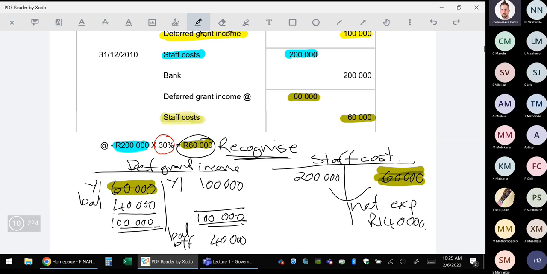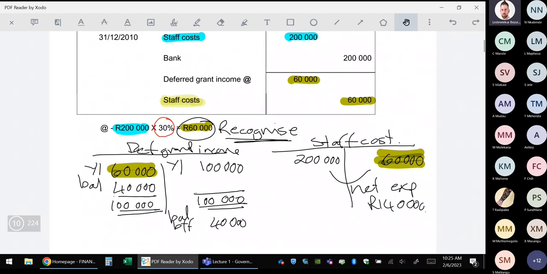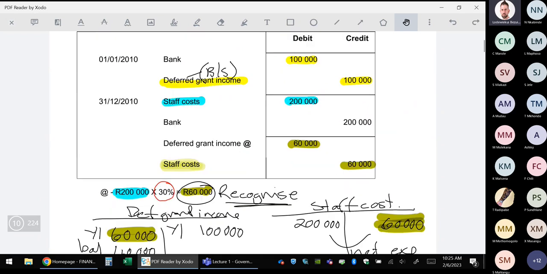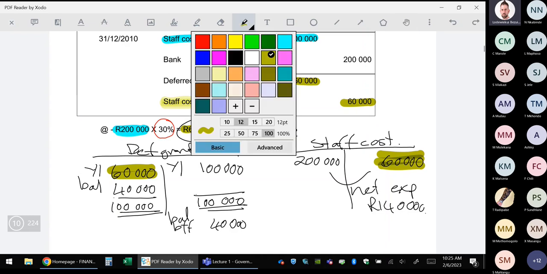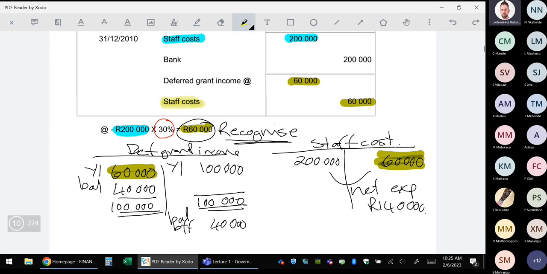Okay, so you can see that we received a grant of 100,000. We used 60 of it in the current year. So the balance left on the deferred grant income for the next year is 40,000. Each year, we can recognize 30% of our salaries.